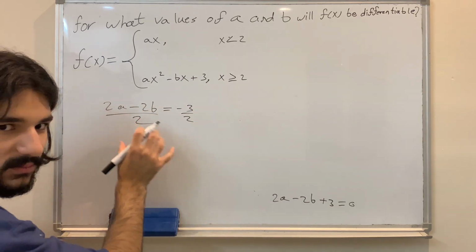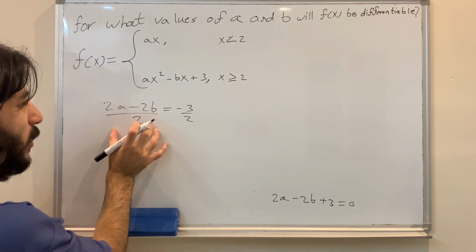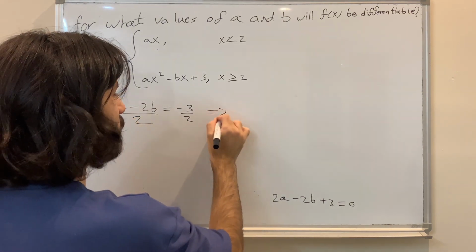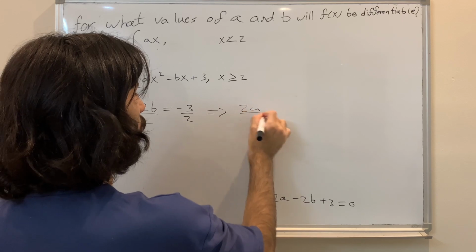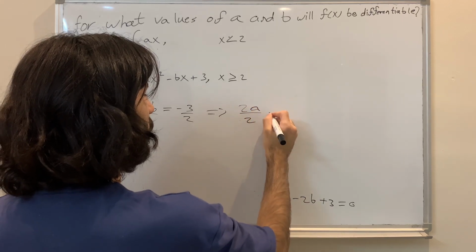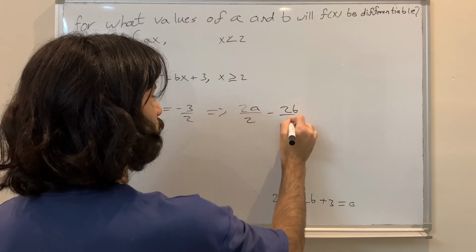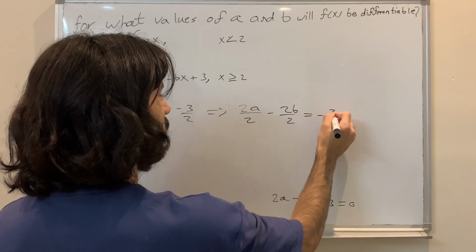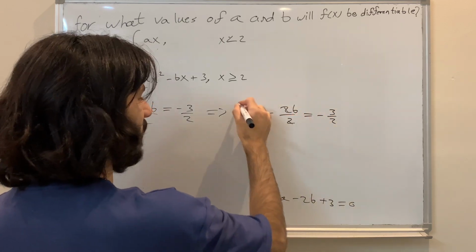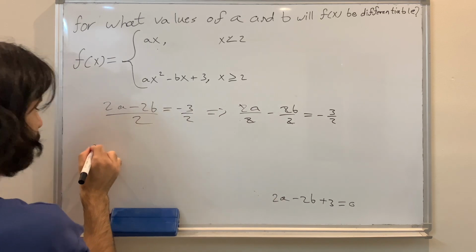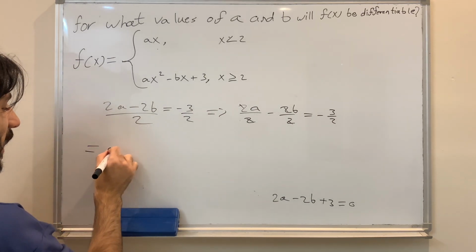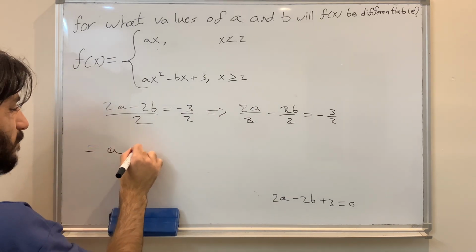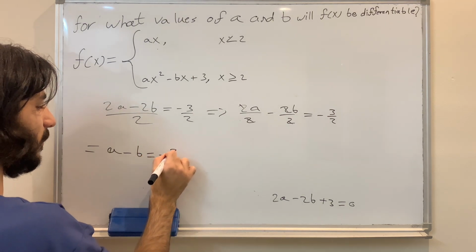This looks weird, I know, but you can technically split it into 2a over 2 minus 2b over 2 equals negative 3 over 2, and these cancel out, which gives us a minus b equals negative 3.